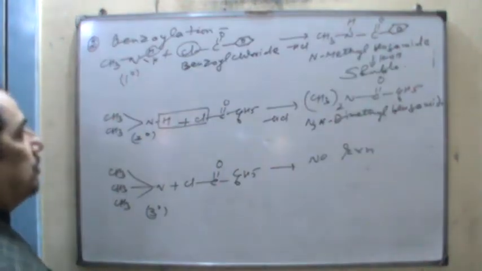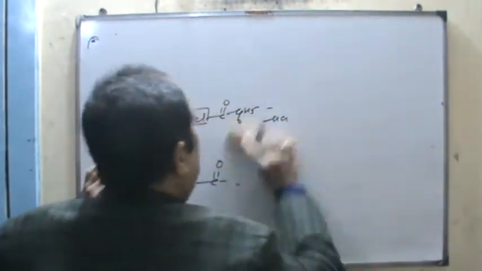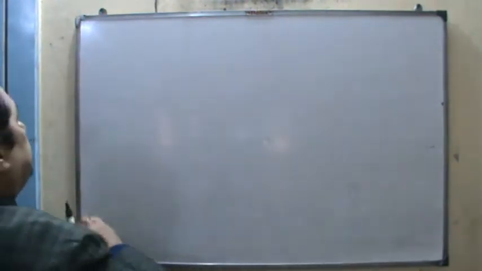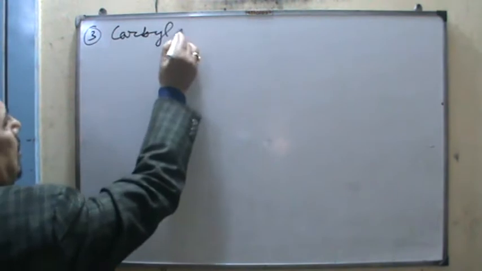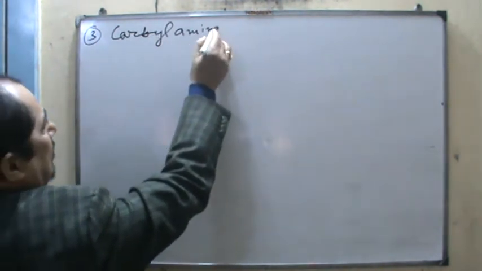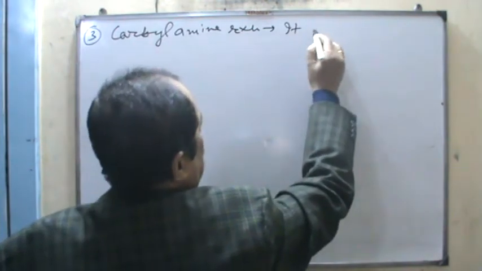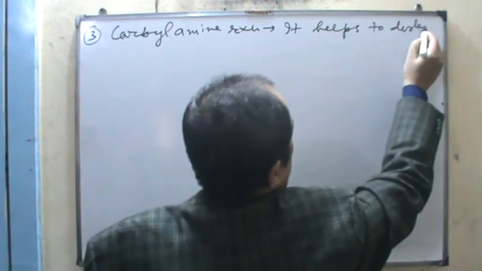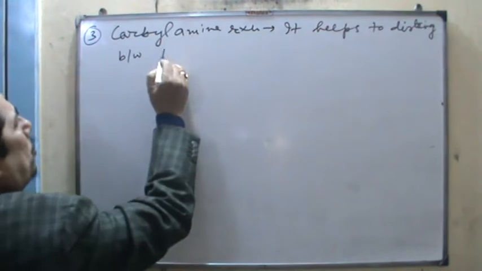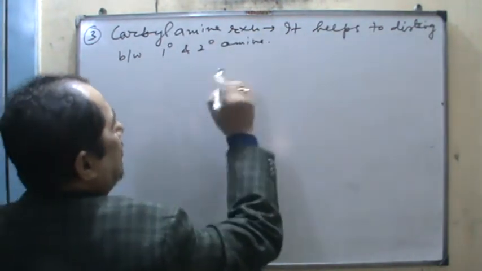Now the next chemical reaction is Hofmann's carbylamine reaction, or you can say carbylamine reaction. It helps to distinguish between 1 degree and 2 degree amine.